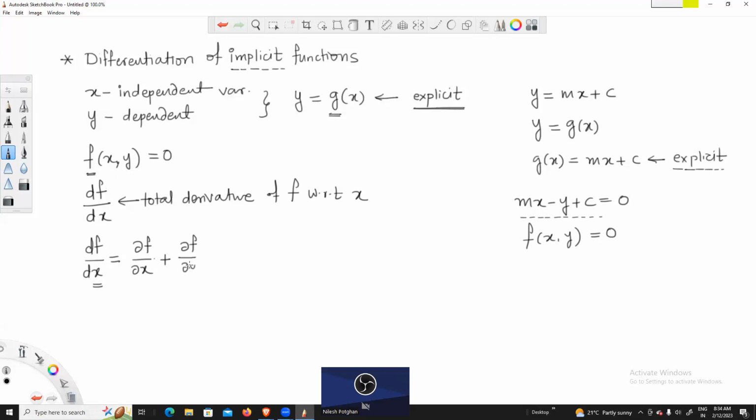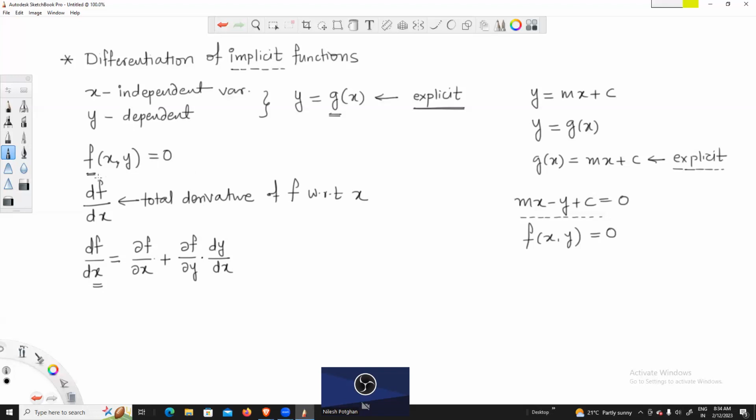So del f upon del y into, according to the chain rule, dy by dx, because y is a function of x. I write dy by dx, not del y by del x, because my y value depends on x only.